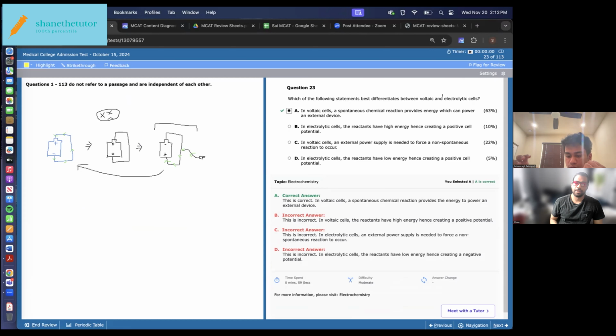Well, the electrochemical cell is the same thing as a voltaic cell, which is the same thing as a galvanic cell, which is the same thing as a concentration cell. Electrolytic is a different one. Well, yeah, so in an electrolytic cell, that battery itself is driving the oxidation. It's making that happen.